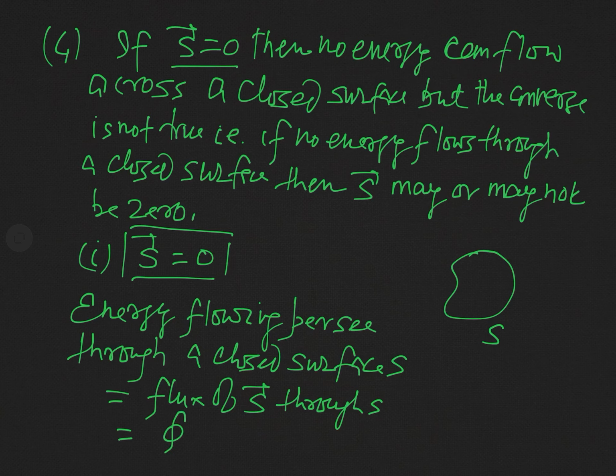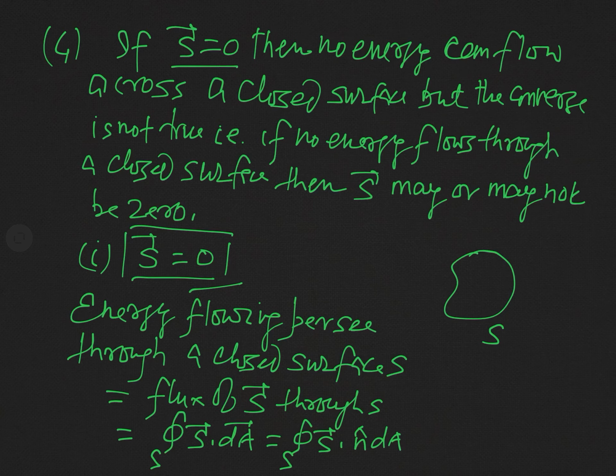And the flux of the Poynting vector through S will in fact be the normal surface integral of vector S. This is the integral of S dot dA, or equivalently you may write it as the integral over S of S dot n hat dA. But you can see, since S is equal to 0, definitely this integrand will be 0.